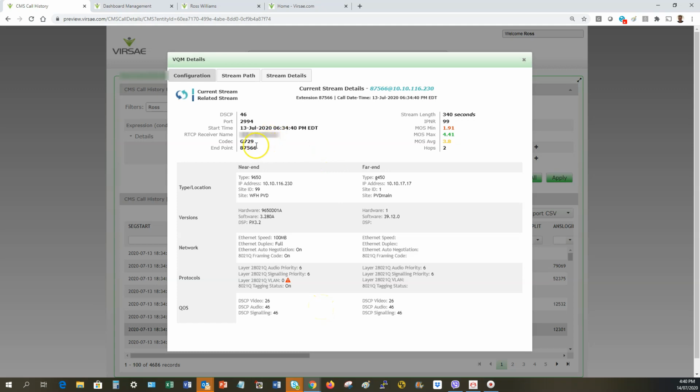So we'll look up here and we see the codec is G729. So it may be a matter of adjusting the codec that's in use for this particular call scenario. But this one here, to home in on the fact that the agent's in VLAN 0, that's most likely the root cause.